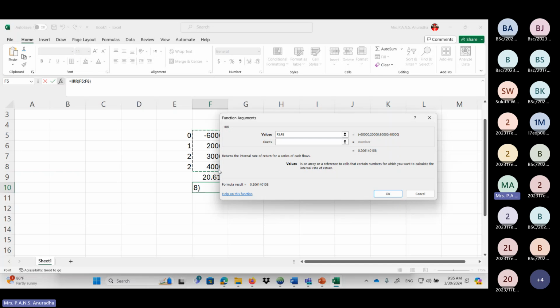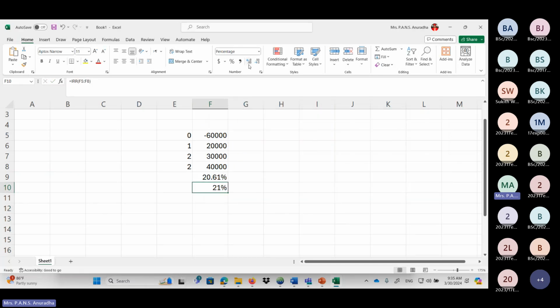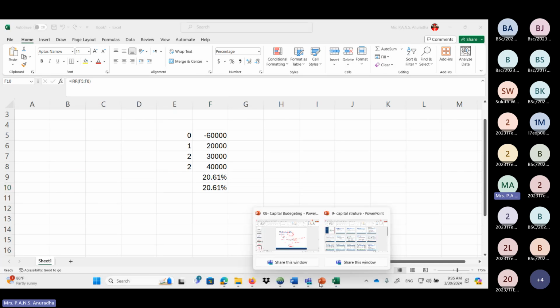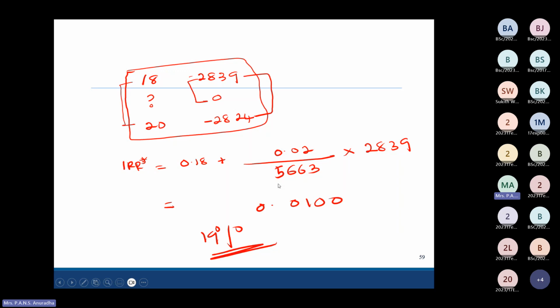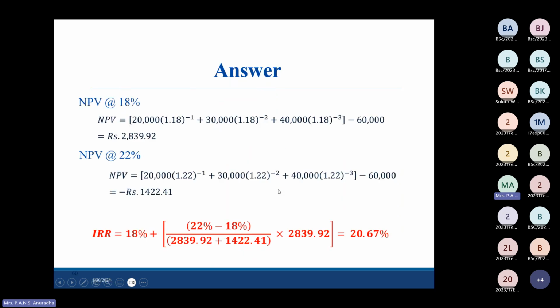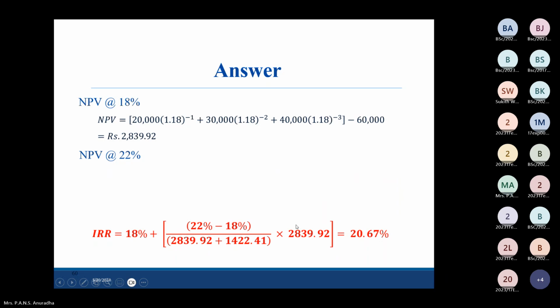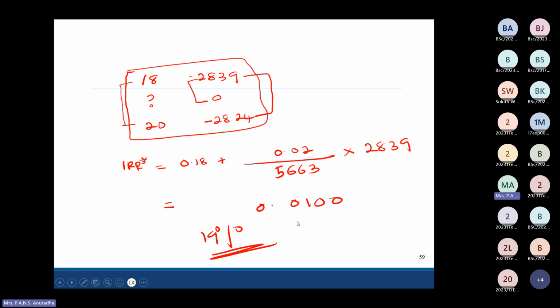Then it will give you the IRR of approximately 20.61. Here in our calculation, it was 19%. This is an approximation number. 20.6167 is the answer. Are we making any mistakes here?